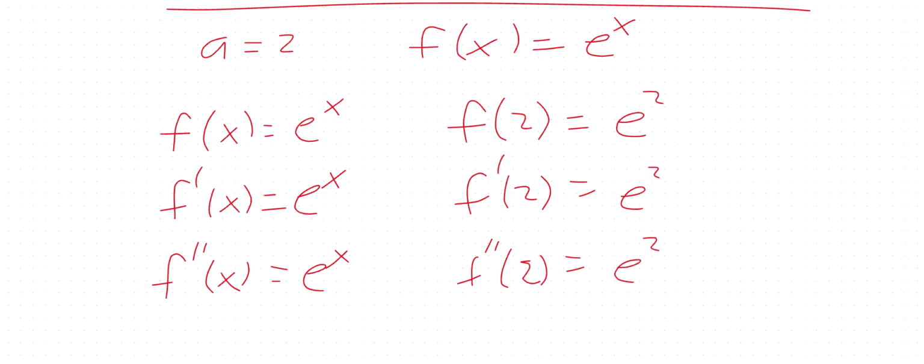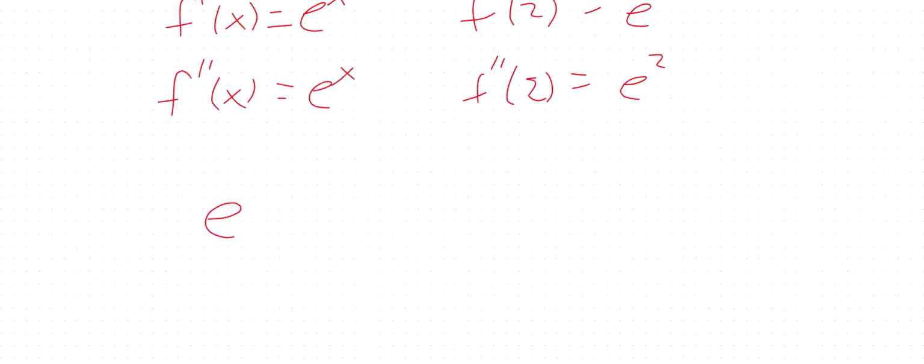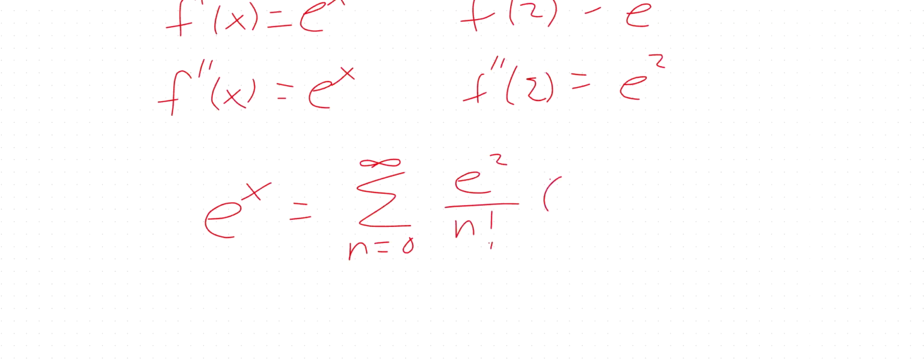Now our function, whenever we write it, is going to be e squared on top, x minus 2 to the n. So things change when you change your a value.